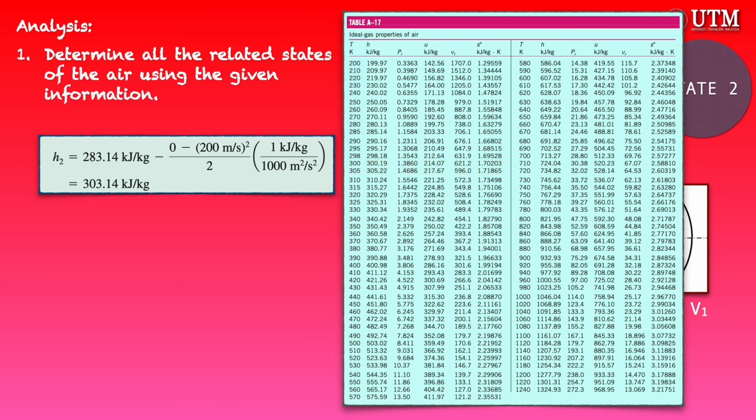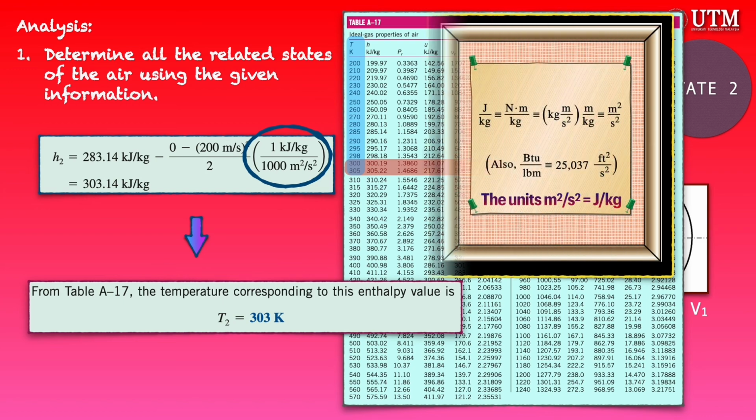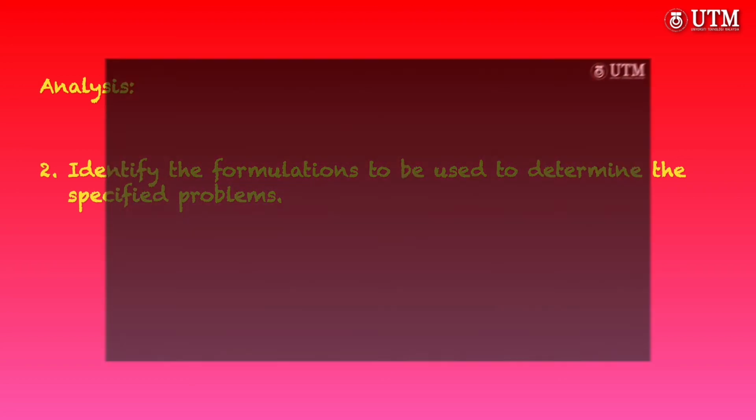The interpolation technique is used to determine the diffuser outlet's air temperature, which is 303 kelvin. Based on the first step, all the specified problems have also been solved at the same time.